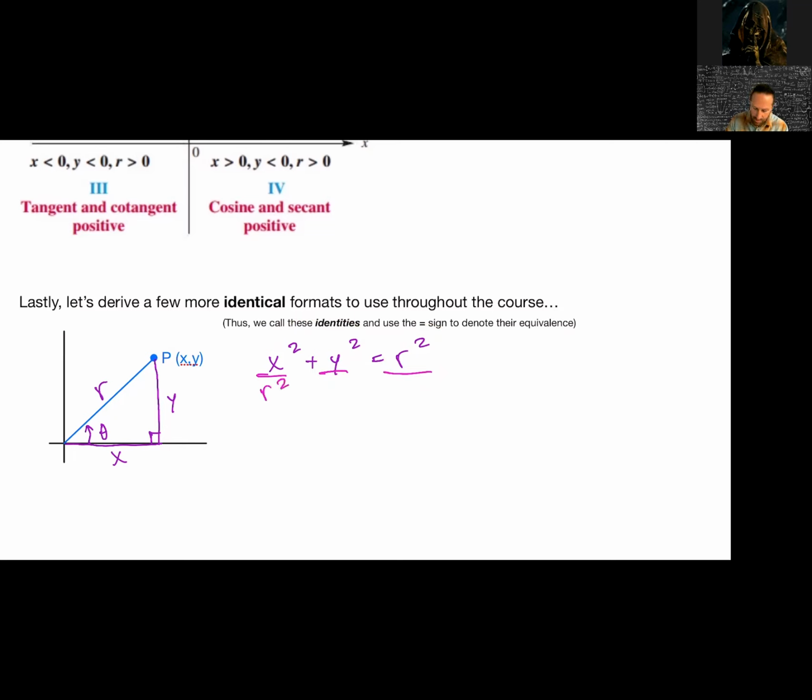So again, as long as I do it to everything, it will still be equal, an equation. And now I have this whole thing equal to 1. But I'm going to be a little creative here. And instead of just keeping x squared over r squared, I'm going to write it as x over r quantity squared.